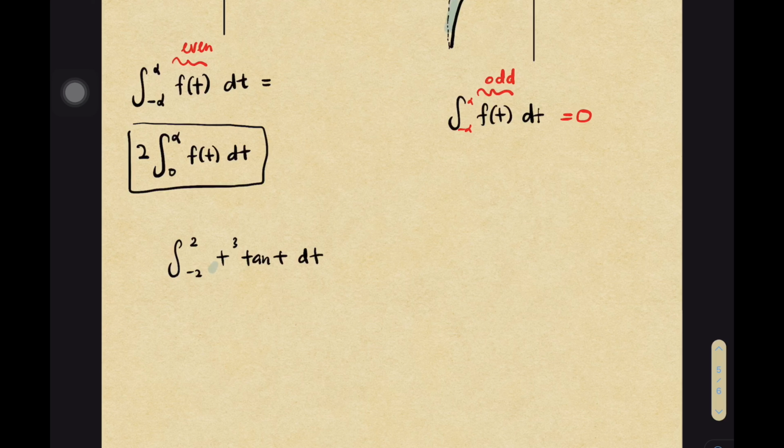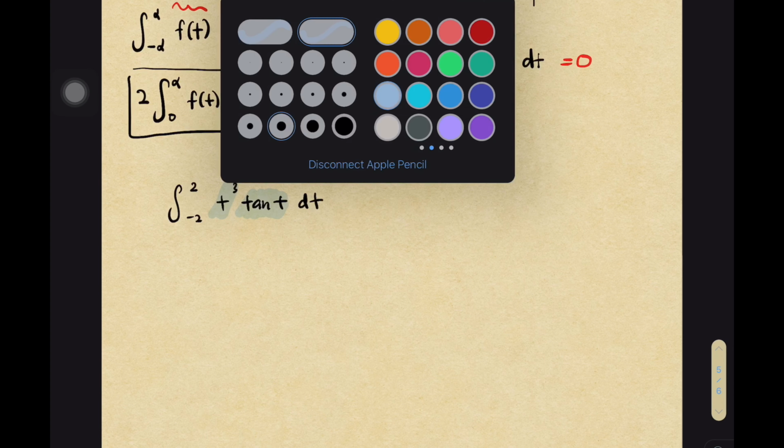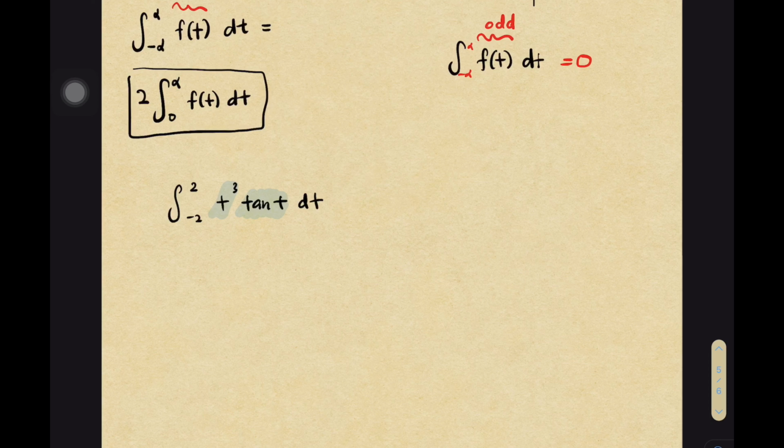The first function is t to the power of 3, and the second function is tan t. So we need to use the properties of even and odd functions just now. Let our first function f(t) equal t to the power of 3. So f(negative t) will give you negative t to the power of 3. Therefore, this function is an odd function, so your first function here is odd.